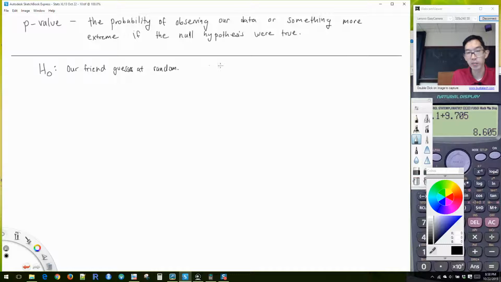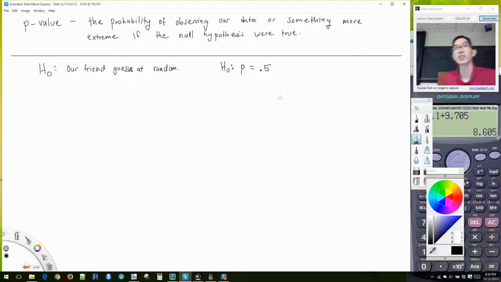Symbolically, we would write the probability of guessing correctly is 0.5.